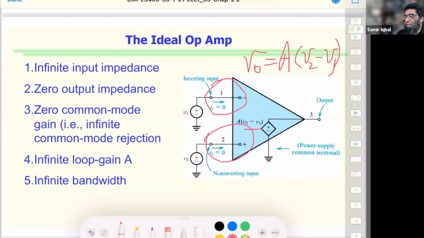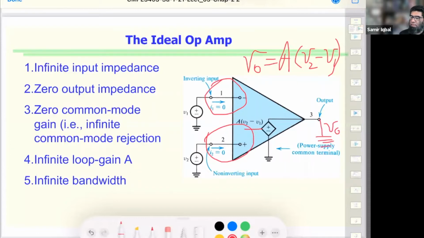On the other end, the output V0 would be between terminal 3 and ground. So it's 0 impedance. Anything can flow very easily out of it. The output at 3 is in phase with the plus sign, terminal 2, and out of phase with terminal 1.